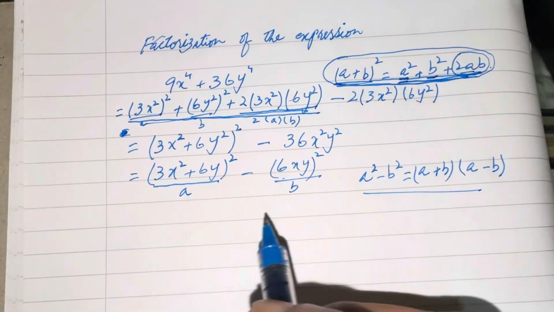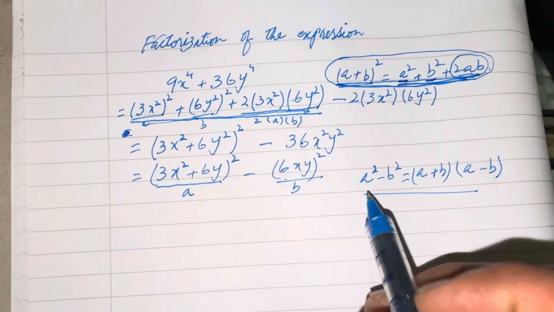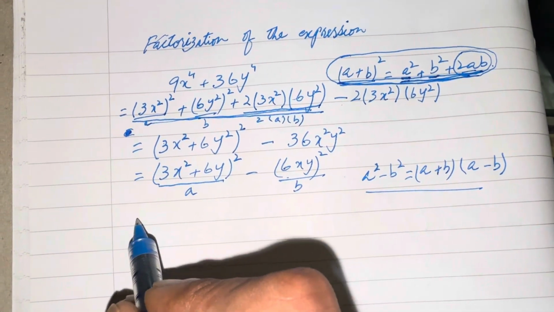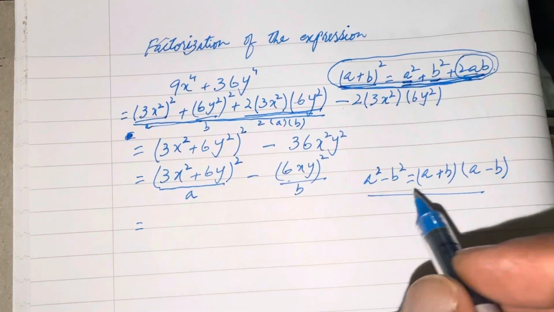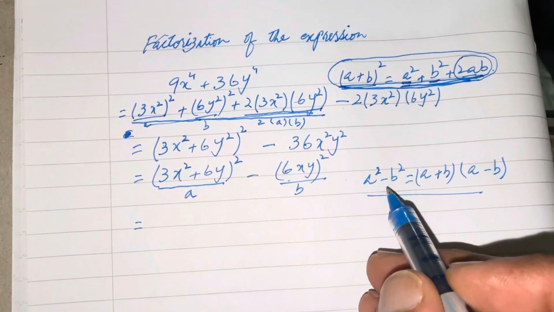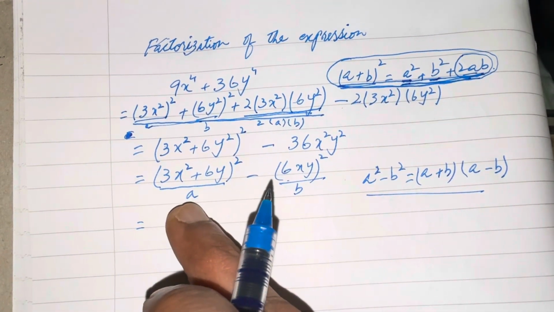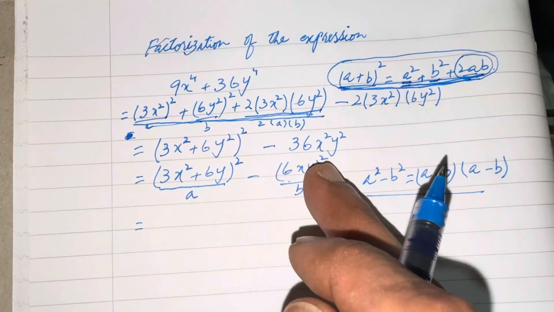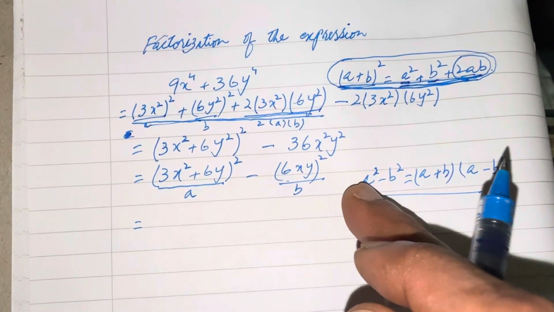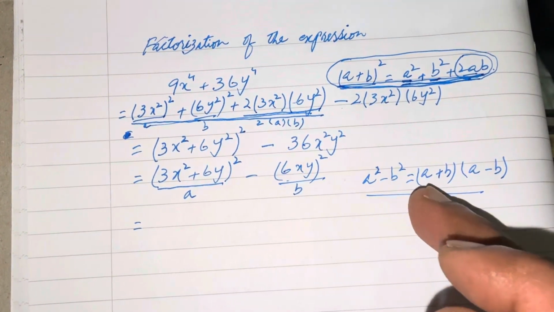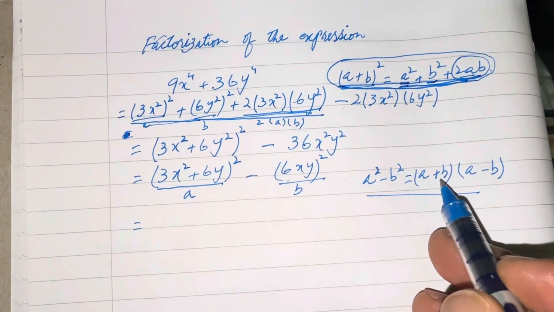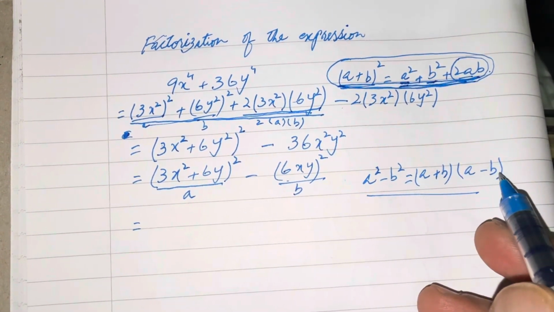So in algebra we are going to use these kind of formulas to solve the questions. So if you see the first square minus second square, first square minus second square will always equals to first plus second into first minus second.